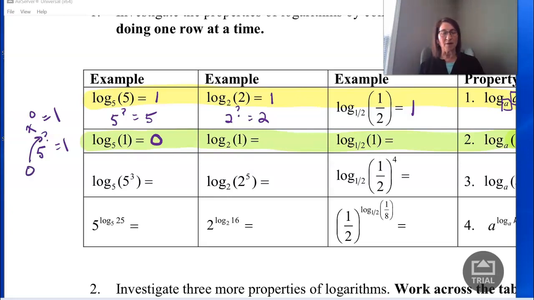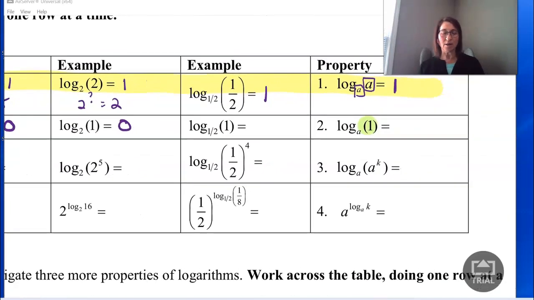Let's look at log base 2 of 1. So that's saying, what would my exponent need to be in order to equal 1? Well, that's going to have to be 0. If I've got log base 1/2 of 1, it's going to be 0.